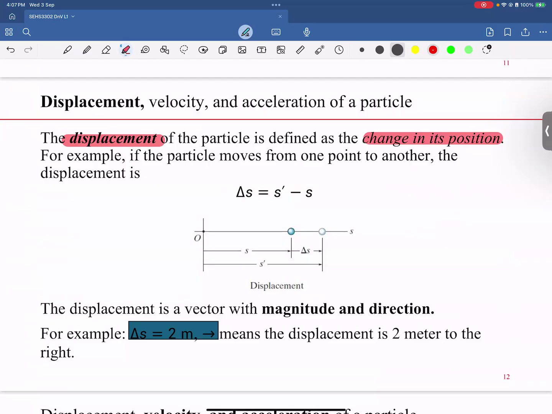Everything, because it's mechanics, and it has a very strong mathematical background. So everything will be defined strictly. Okay, it's very rigorous. So when we talk about the displacement, it is defined as the change in position.